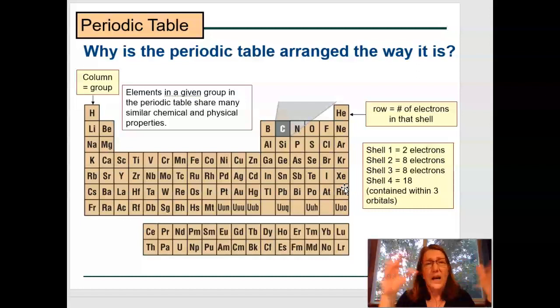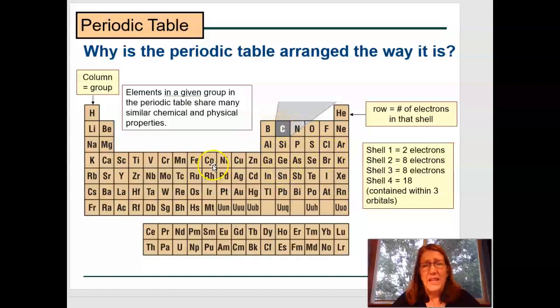So they do not need to interact with any other elements because they are totally filled. So this is helium, neon, argon, krypton. These guys are all gases, and you never hear like helium chloride or neon chloride. It's just neon. It's just helium because they are by themselves, their outer shell is fulfilled.